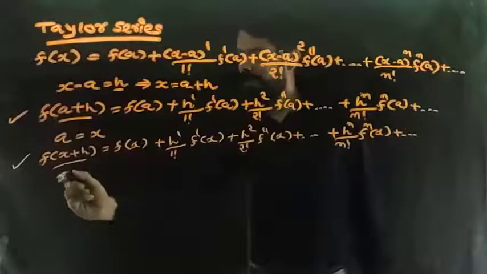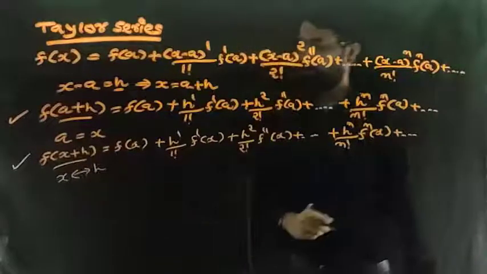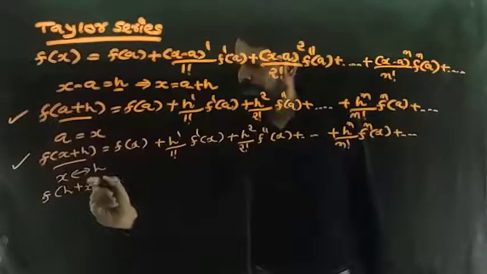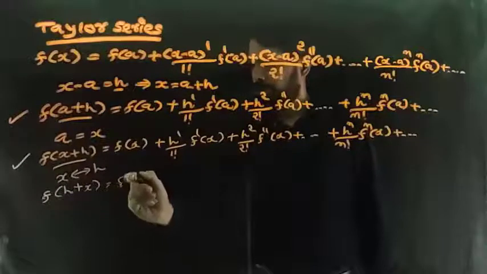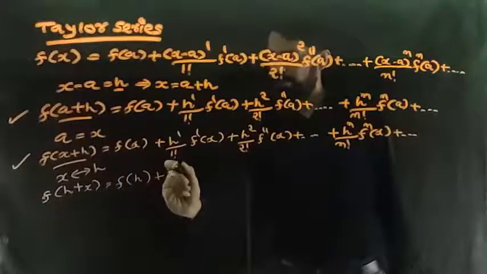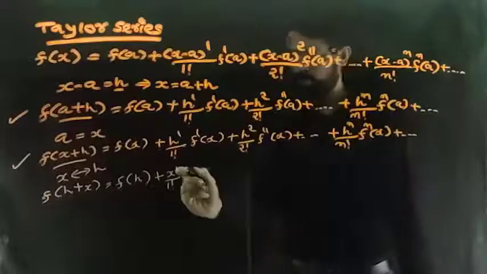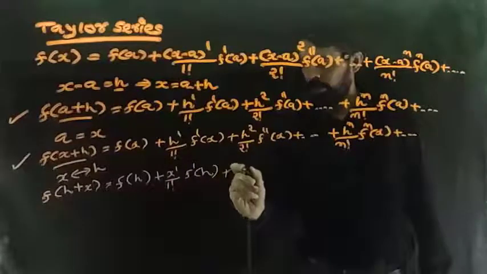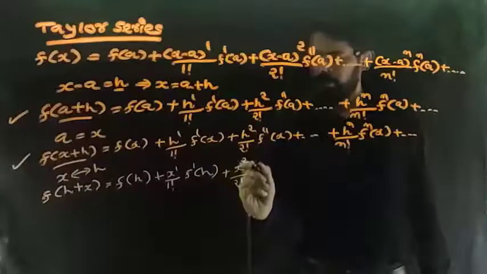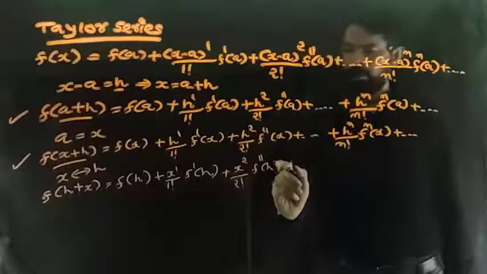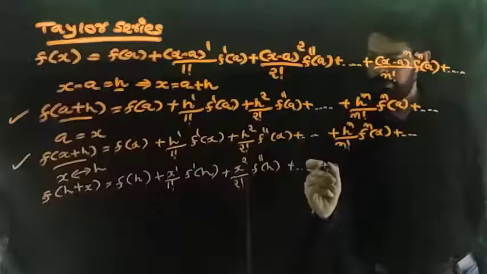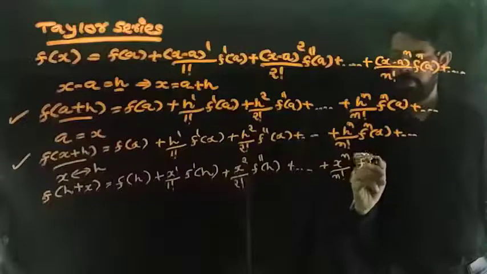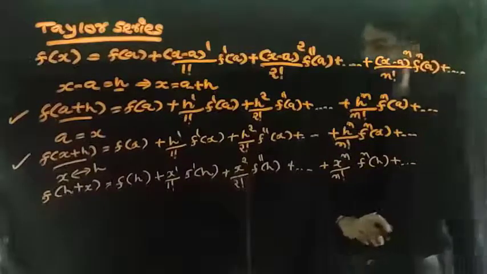Now interchanging x and h, we get f(h + x) = f(h) + x^1/1! f'(h) + x^2/2! f''(h) + and so on, plus x^n/n! f^n(h) + and so on.